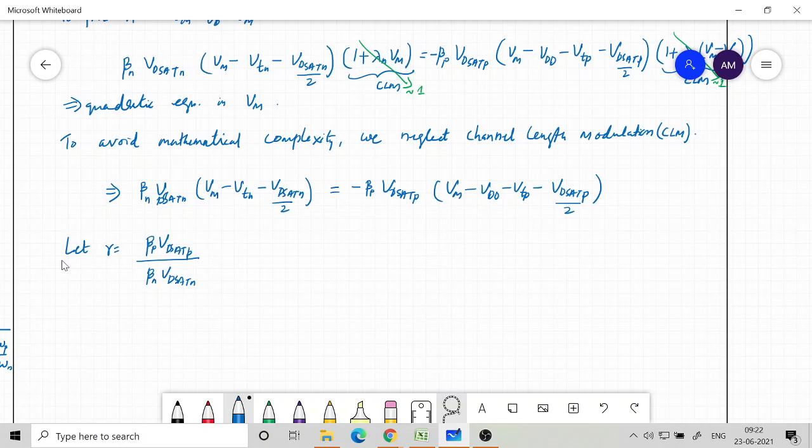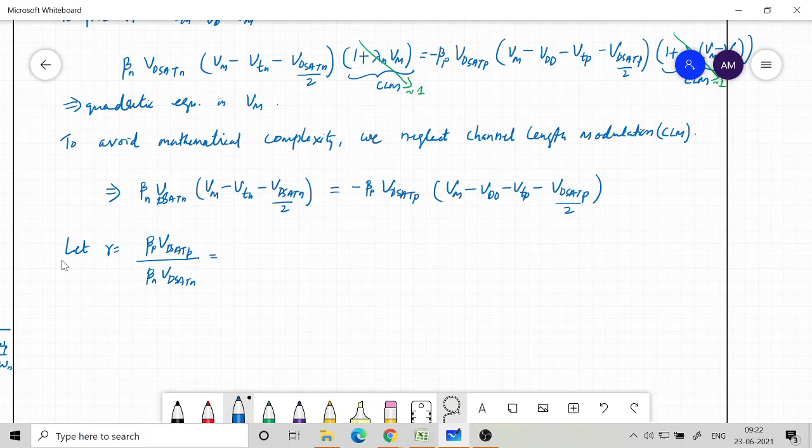That's because my beta p is negative and Vd sat p is also negative. So beta p into Vd sat p together is a positive quantity. I want to define R as a positive quantity, and beta n and Vd sat n both are positive. So this is a positive quantity.